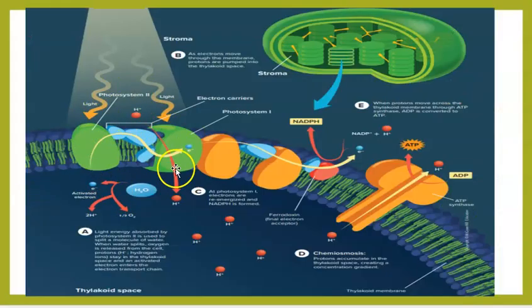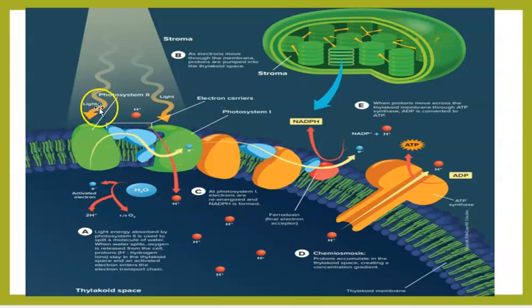Look, this is the whole process again. When light energy enters photosystem 2, the electron gets activated. The water molecule splits up into two protons and half a molecule of oxygen. This oxygen is released as a waste product. This H plus stays here and then this electron gets transferred from one electron carrier to the other.